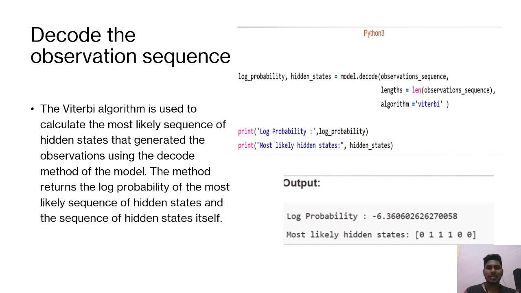So at first we are initializing log probability and hidden states, and then we are assigning by using model.decode of observation_sequence, with length equal to the length of the observation sequence and the algorithm specified, and we are printing out the log probability and the most likely hidden states. As per the output, the log probability is minus 6.3606 and so on, and the most likely hidden states are 0 1 1 0 0.